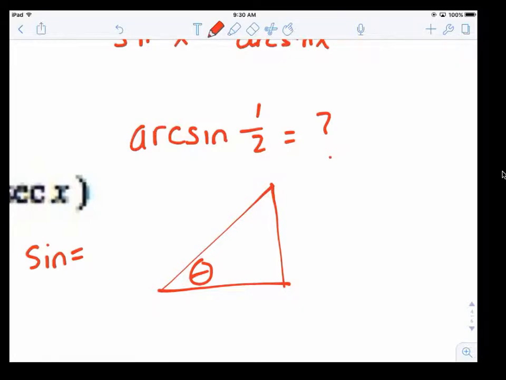Opposite over what? Hypotenuse. If you're talking about an ordered pair, sine is usually the y value over r. So if arcsine is 1/2, that means if you have an angle here, your y value would be 1, and your radius would be 2. Opposite over hypotenuse.